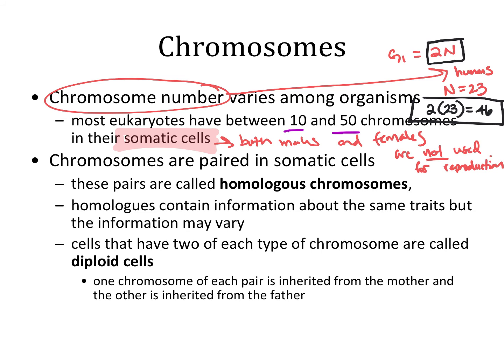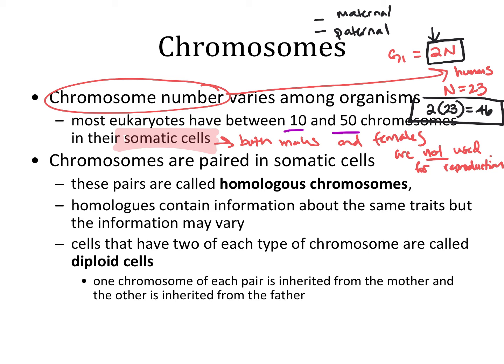But that implies that we don't have one copy of the chromosomes. How many do we have? We have 2 of each copy. That's because one set of your chromosomes is maternal in nature. So who do you get that from? From your mom. The other copy is paternal in nature. Who do you get that from? You get that from your dad.